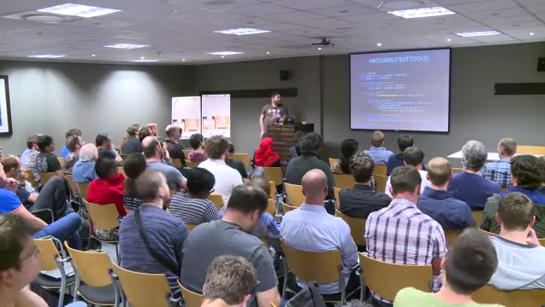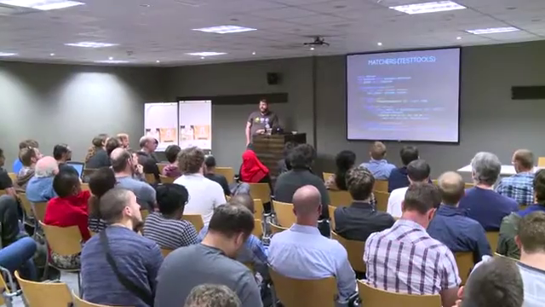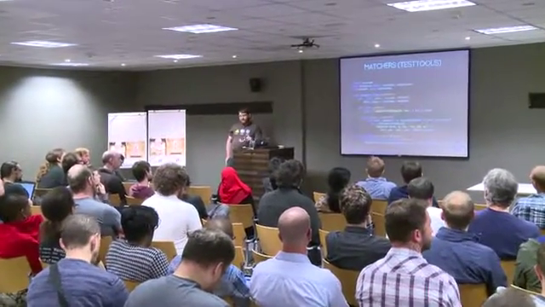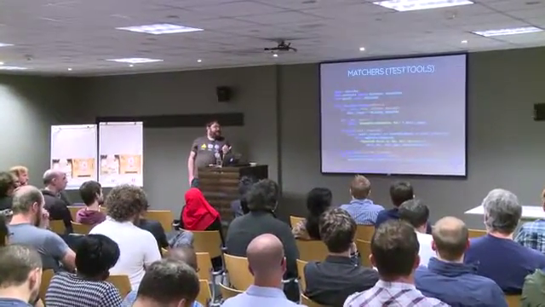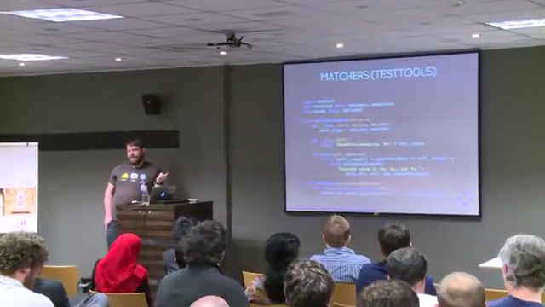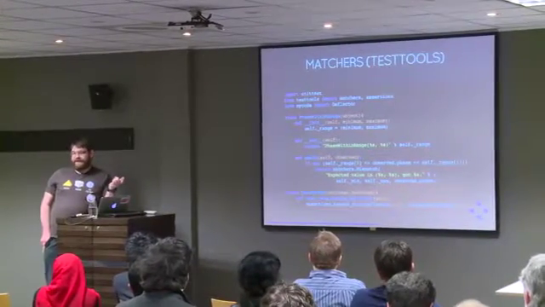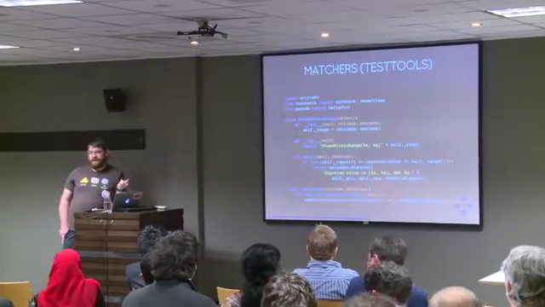The important thing there is the match method, and it's basically what your assertion does. It checks to see, does this observed object I've been given meet the requirements? If not, it returns a thing that says, no, it doesn't, and explains why.